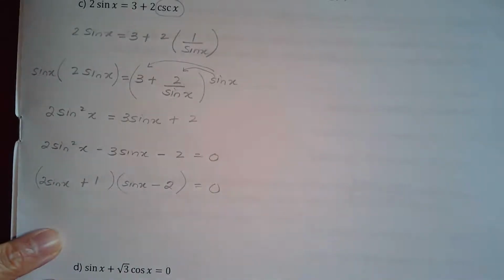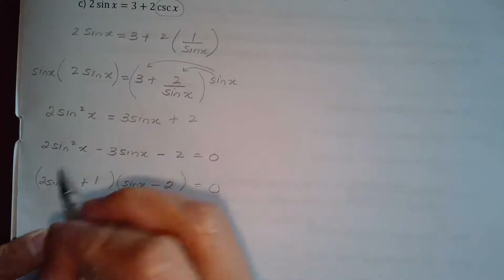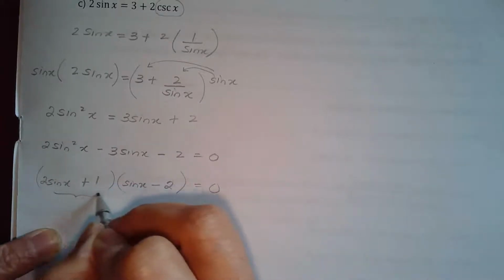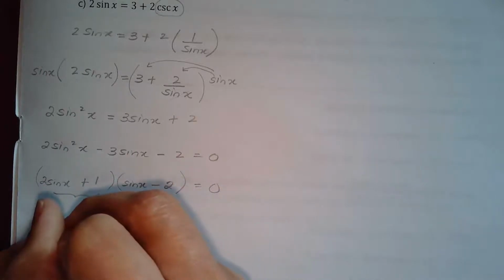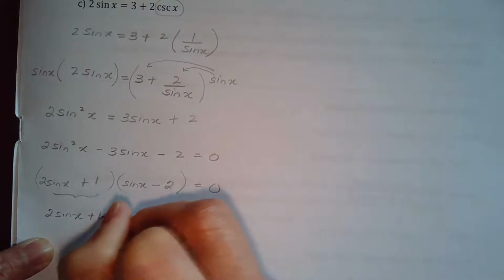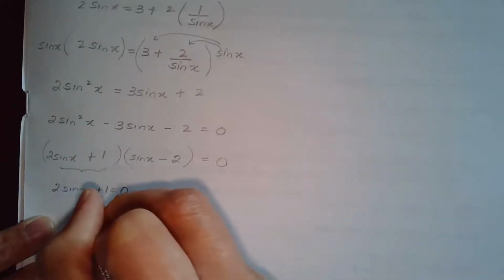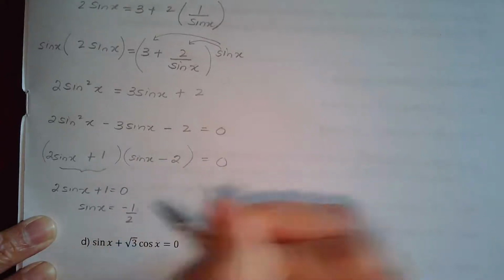So if I expand, it's going to give us a negative 3 in the middle. Let's take a look at this one again. 2 sine of x plus 1 equals 0. So that means sine of x equals negative 1/2.